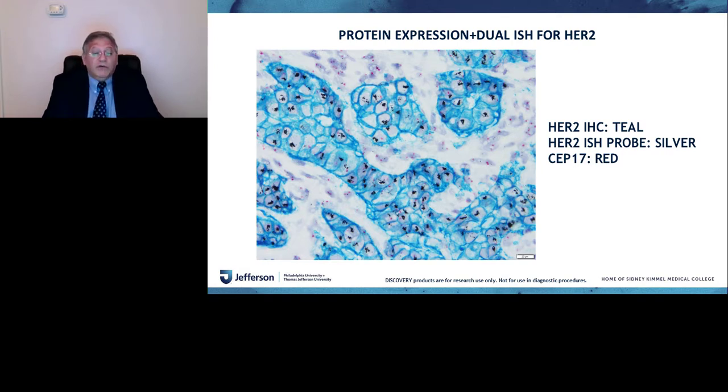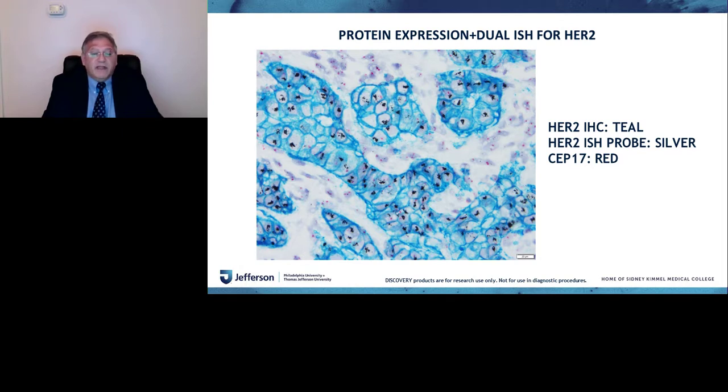How about if we do this all together? So here you have an example of the teal or the blue is the protein expression of HER2, and you have the HER2 probe in situ hybridization as the silver or black, what you see, and the chromosome 17 is going to be the red dot that you see in the nucleus.